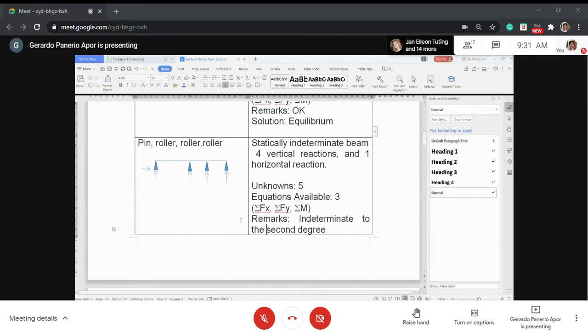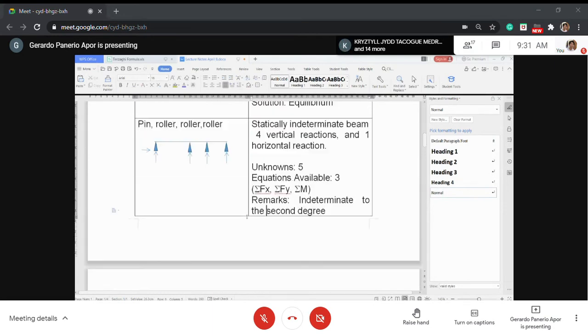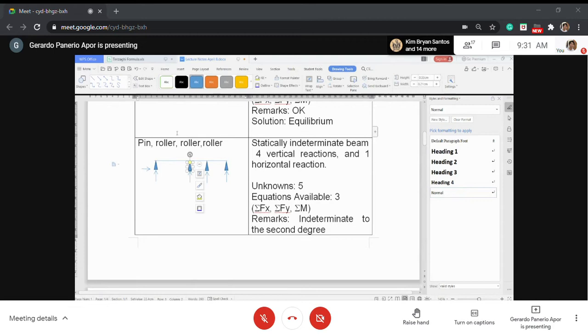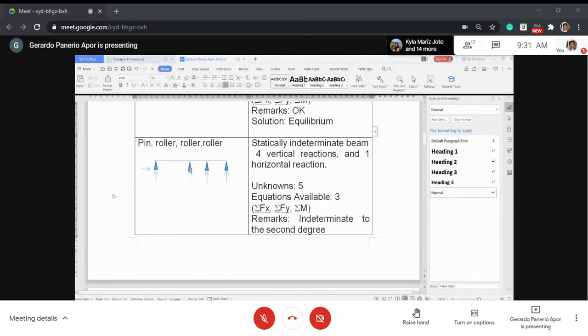Okay. Let us have more about indeterminacy. For example, I have a beam which has another support. Let us say this will become a fix.